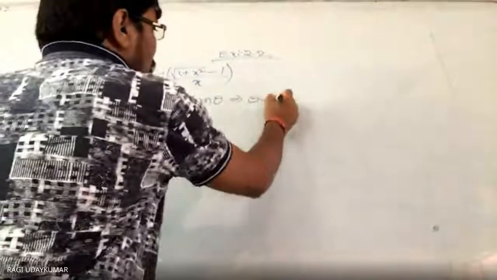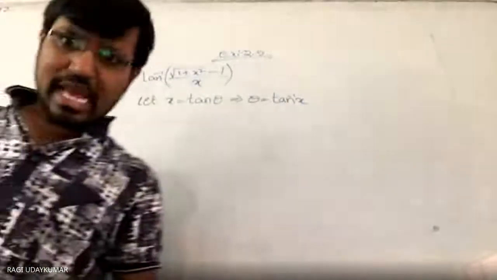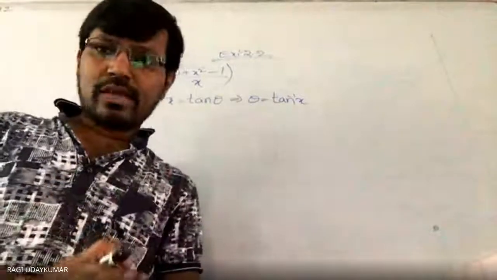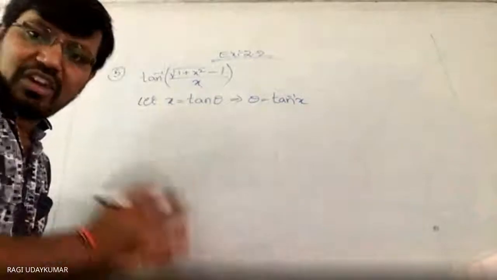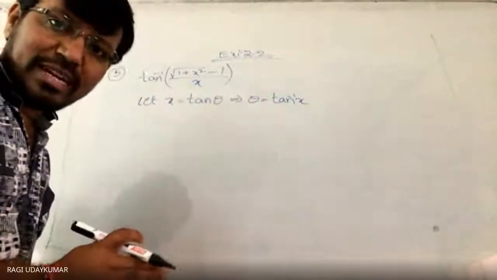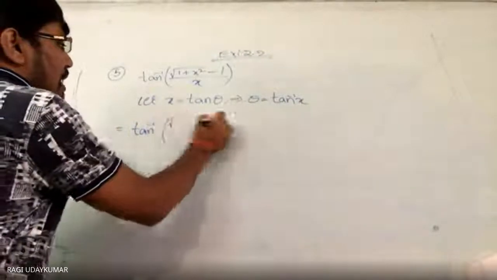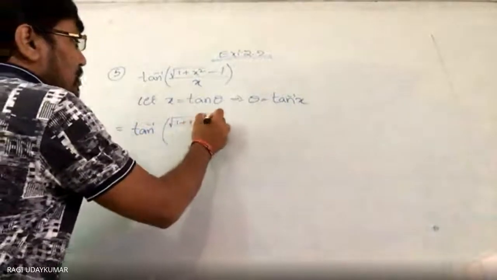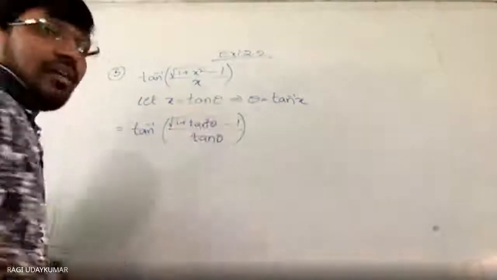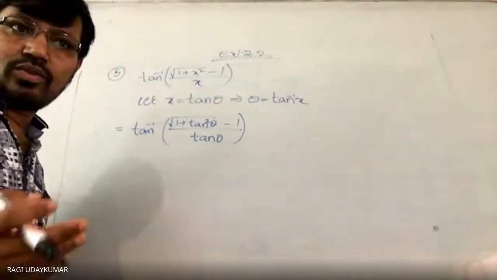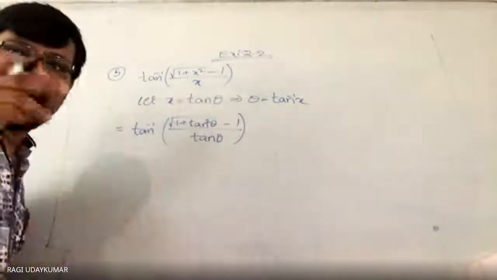From this, theta is equal to tan inverse of x. After substituting x equals tan theta, the function will be transformed into tan inverse of under root of 1 plus tan square theta minus 1 by tan theta. So 1 plus tan square theta is equal to secant square theta, and under root gives secant theta.